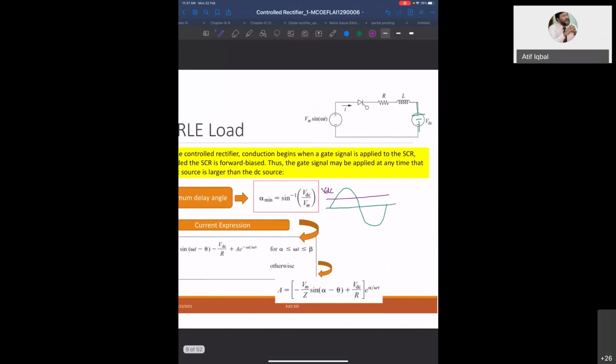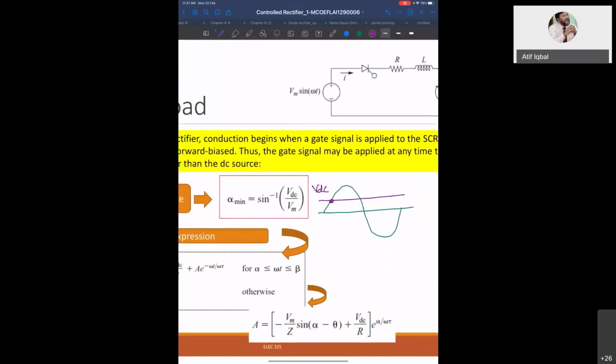Then you see you cannot turn on your device up to this angle. Only after this angle can you turn on, because this voltage has to be greater than this voltage. When the source voltage becomes higher, the anode voltage is higher than the cathode voltage, then only will you be able to turn it on.